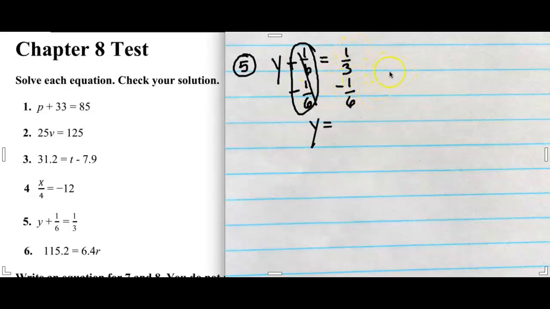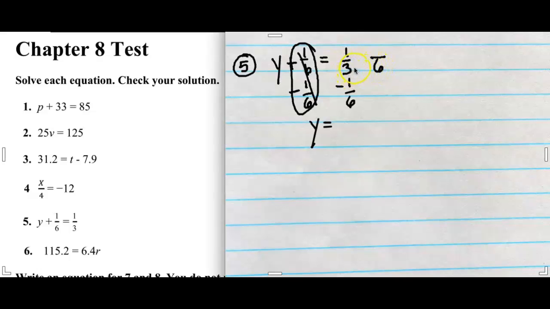But that can't be done without finding a common denominator. So let's think about what is a factor that both 6 and 3 have in common? Go ahead and answer that for me, please. All right, so the least common denominator for both of these actually is the number 6. So you have to convert 1/3 into 6.